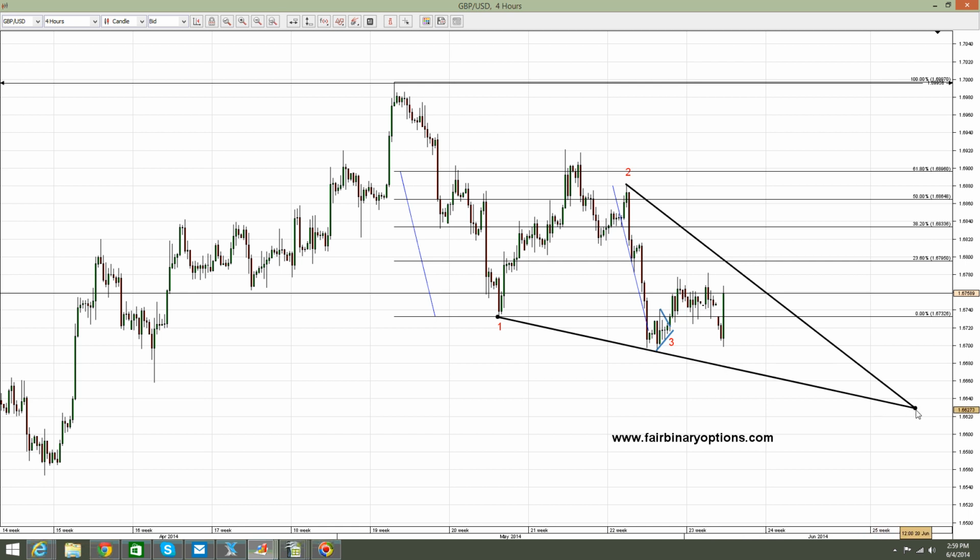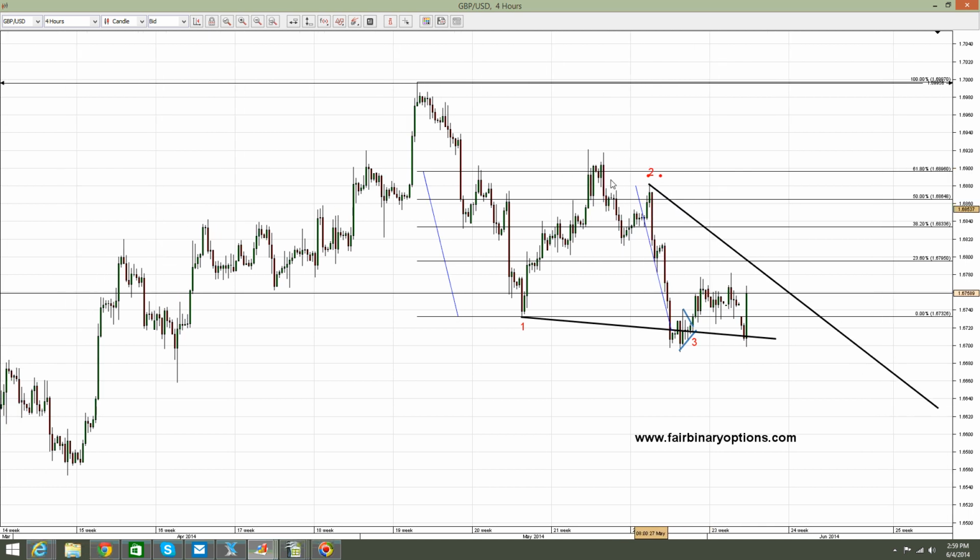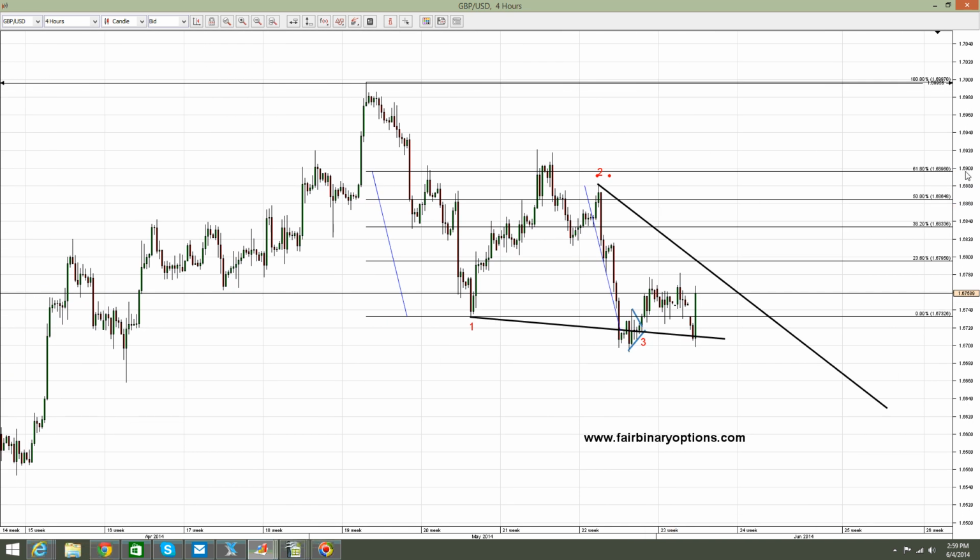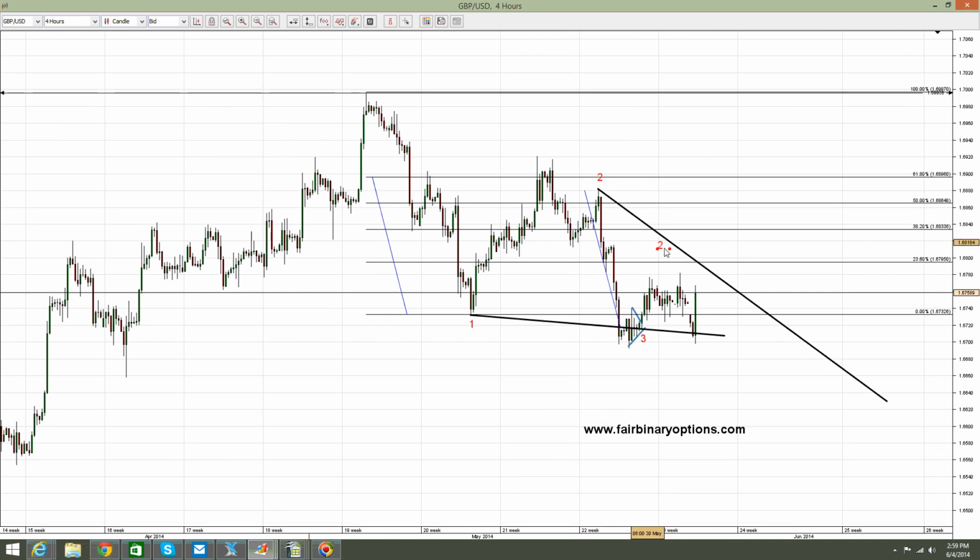Then it means that the 1 to 3 trend line would not be this trend line from here, but a trend line that goes from here to here, 1 to 3. Then the fourth wave should be this one here.